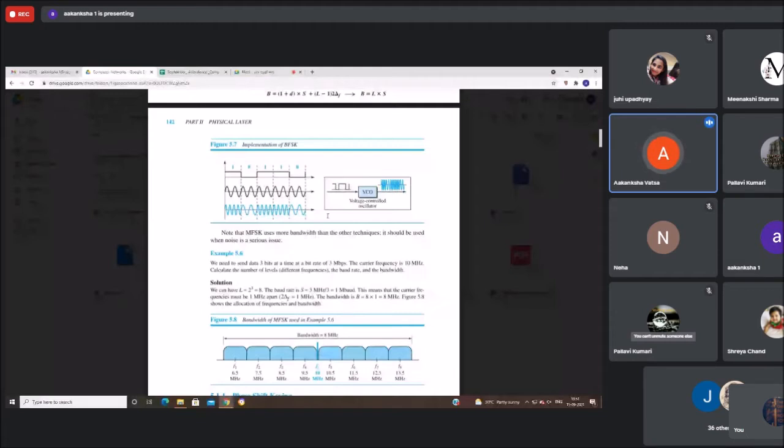Now L, because I need to send 3 bits, so L will be 2 raised to 3, that is 8. So I need to have 8 carrier frequencies. And the baud rate S is equal to 3 megahertz by 3 equal to 1. Why S is equal to 3 megahertz by 3?